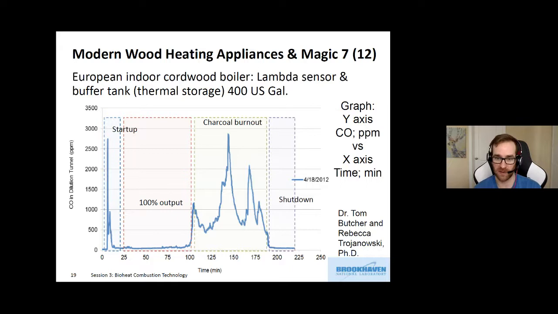Then you go into the charcoal burnout phase, which I said is quite difficult to handle, so you have a little bit more emissions during that stage. Eventually, because the unit is equipped with a lambda sensor, it measures the oxygen. It knows that the flue gas is a lot colder and there's a lot of residual oxygen, meaning there's really not much burning at that point, and it's just going to shut down the unit.